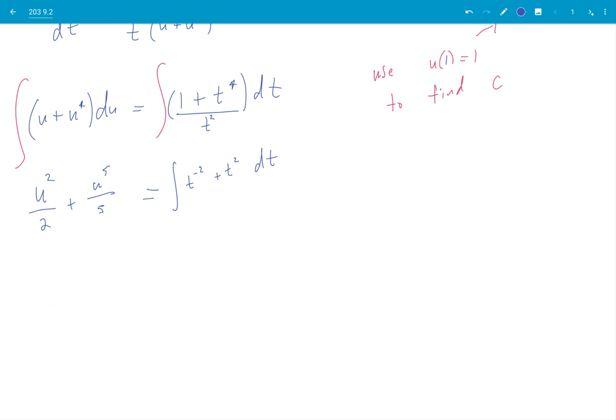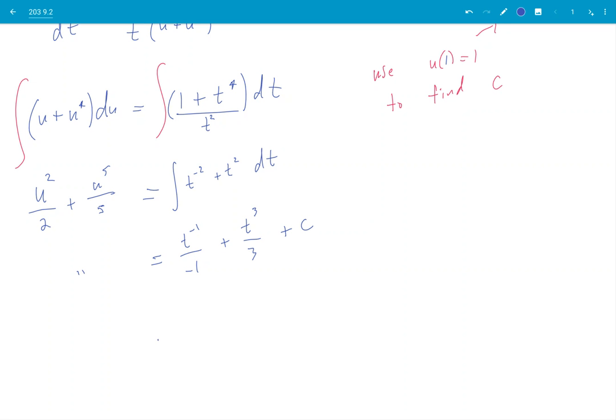Okay, where was I? Right. I get t minus 1 over minus 1 plus t cubed over 3. I put my plus c there.